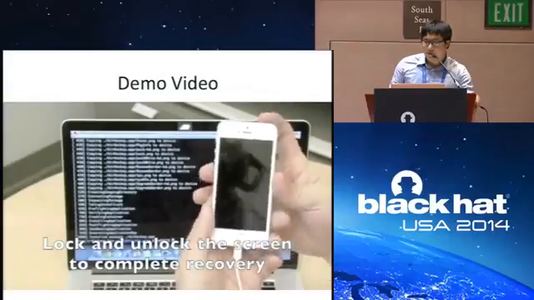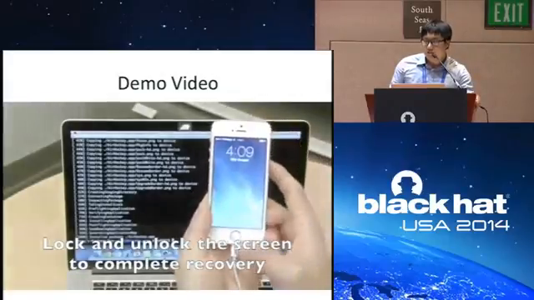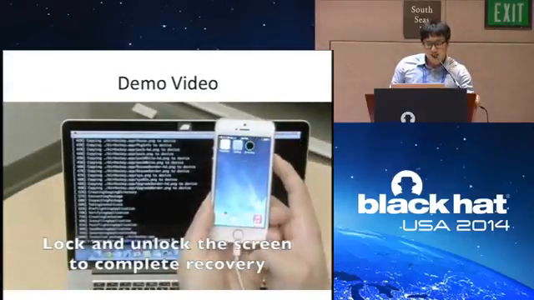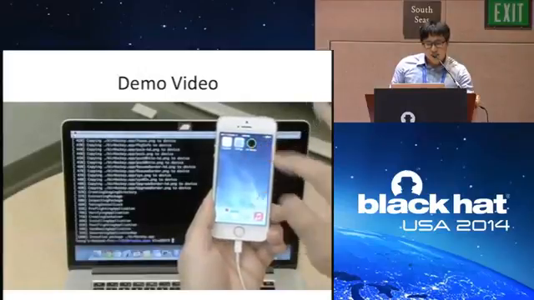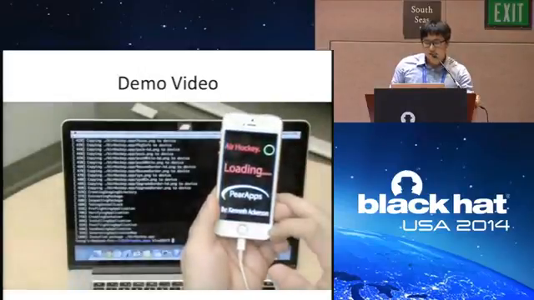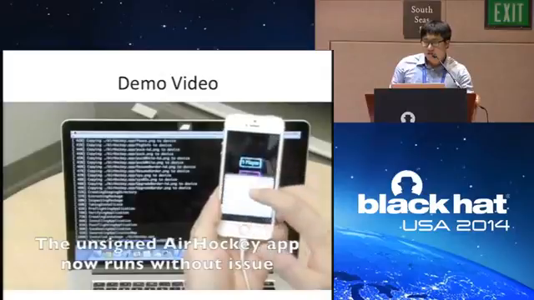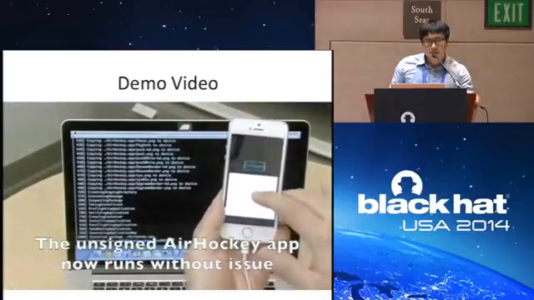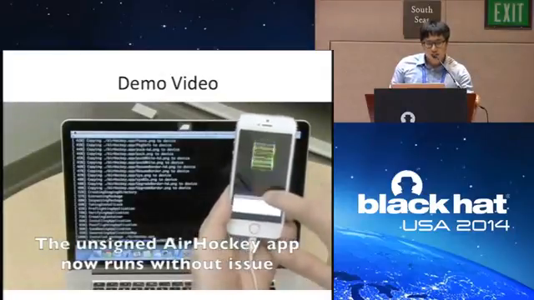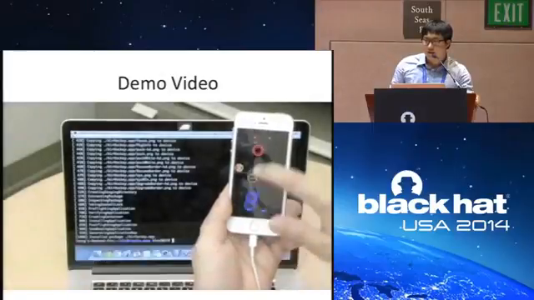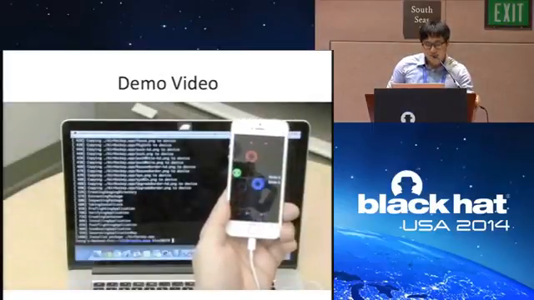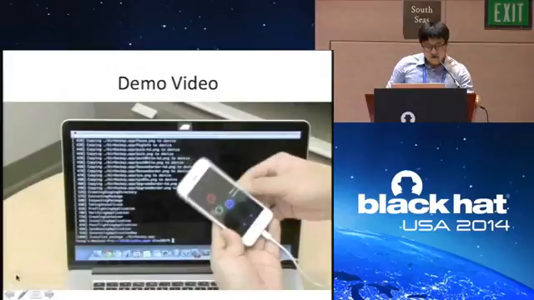At this time, both daemons are killed and rerouted with the injected library, so execution of Air Hockey succeeds. The code signing is completely nullified by injecting our library, libmis.dylib.